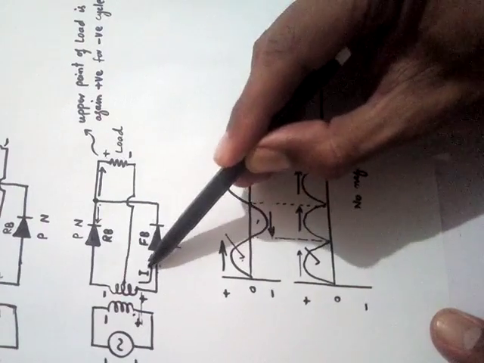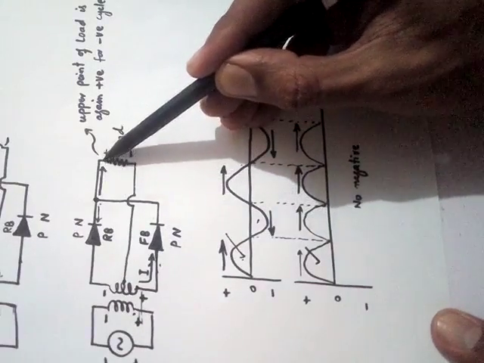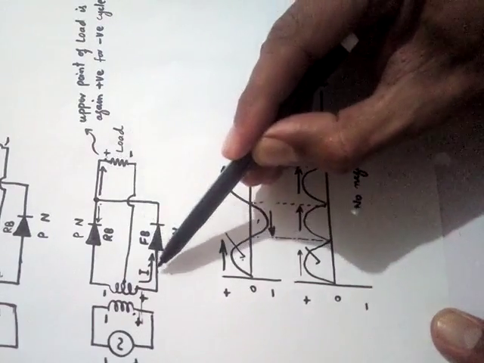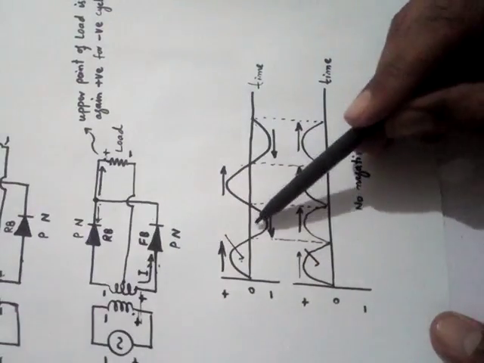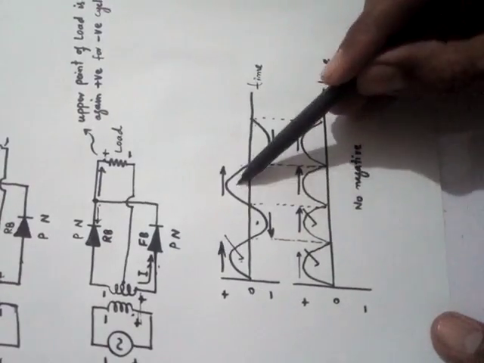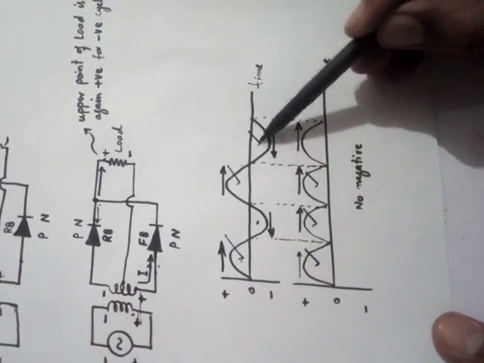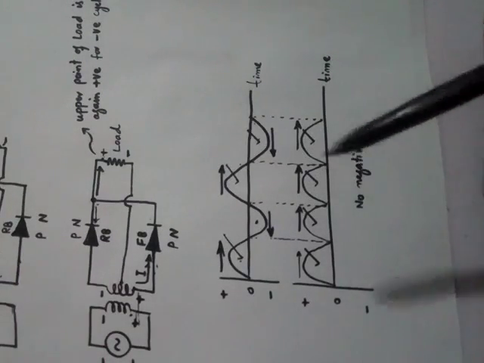So this current does not get right here, but it is getting to the upper point. The current is negative but it gets to this point. That is why the negative half cycle is converted to positive, and positive is again positive, negative is also made positive. This is called full wave rectification.